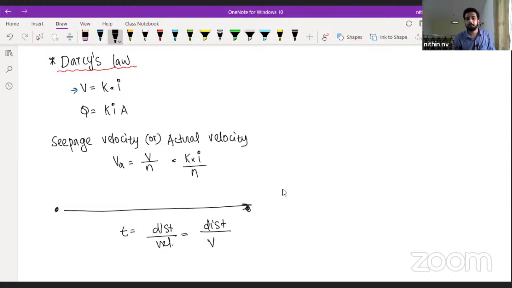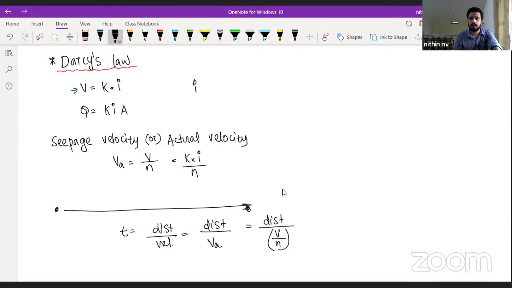Distance divided by seepage velocity, which is nothing but distance divided by the discharge velocity calculated by Darcy's law, divided by porosity. So this is the application of Darcy's law that you also have to keep in mind.